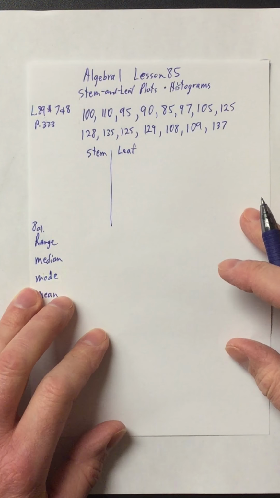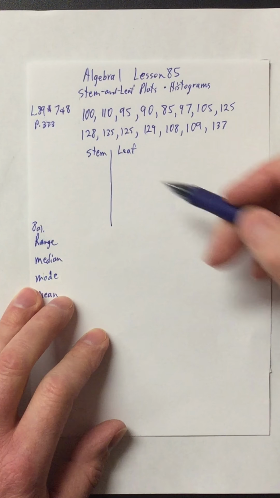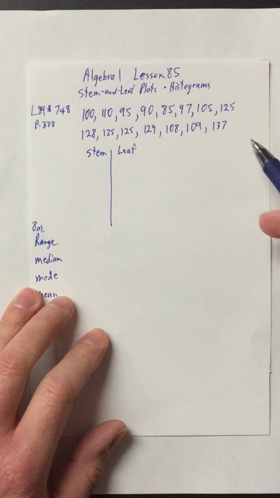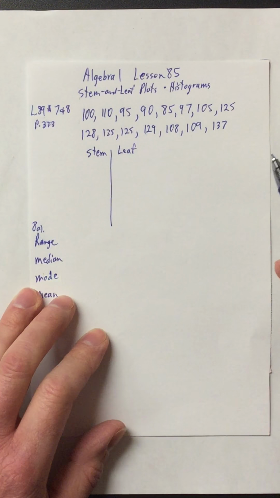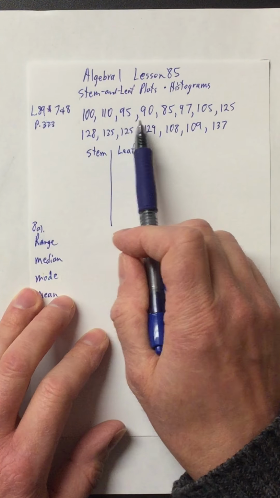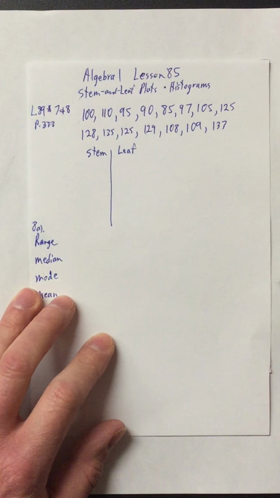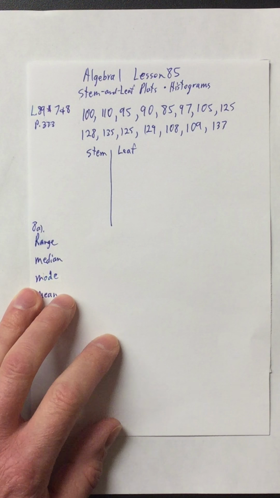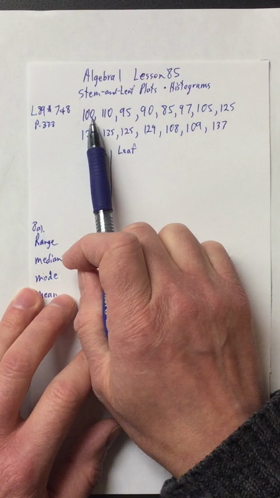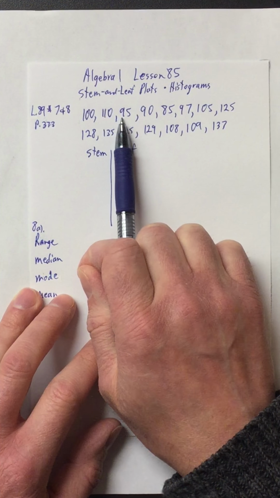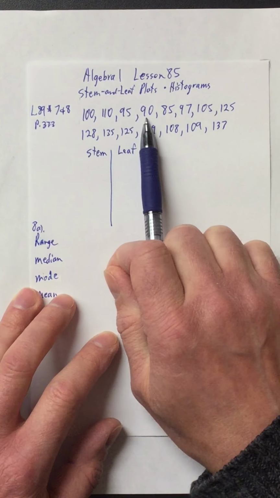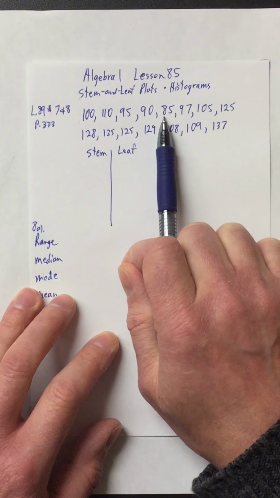Now, the leaf part of these numbers is always just the ones place. So to start, we look at the numbers after ignoring the ones place, find the highest and the lowest, and write those down as our stem. Ignoring the ones place, I got a 10, an 11, a 9, 9, 8. 8 is lower.